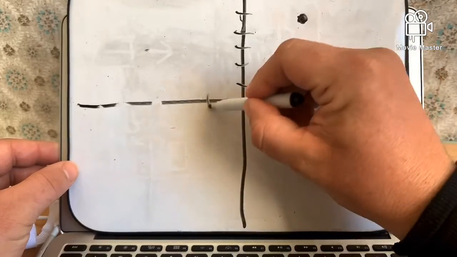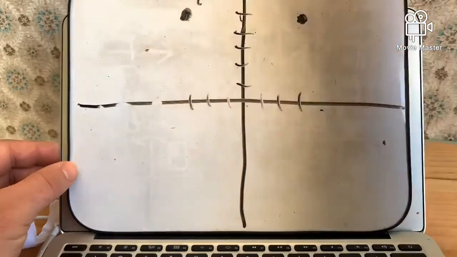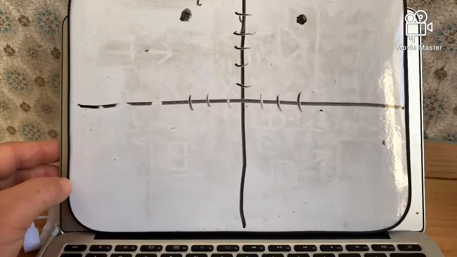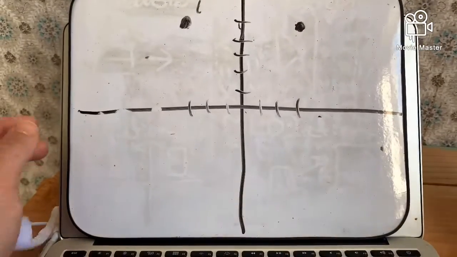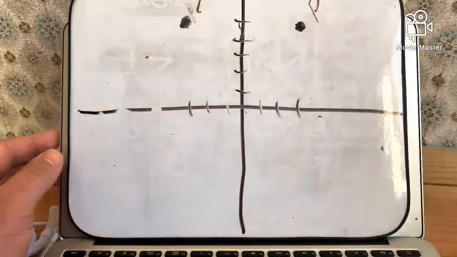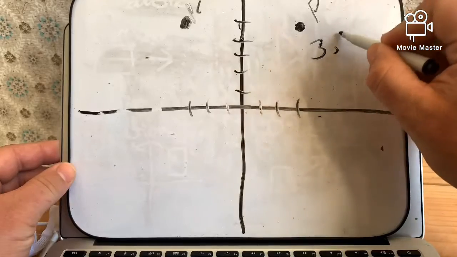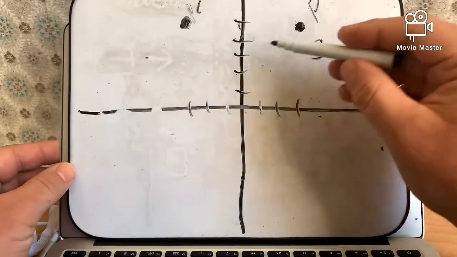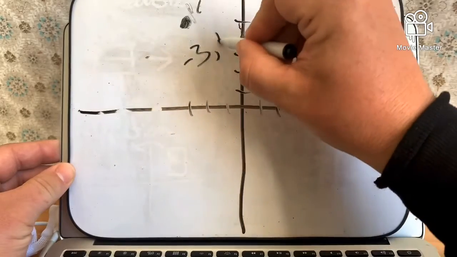Well, 1, 2, 3, and 1, 2, 3, 4, 5. So here's my prime. So there's my point, P and P prime. Okay, great. Well, let's think about this point. This is 3, 5, and we reflect over the y-axis, and now it becomes -3, 5.